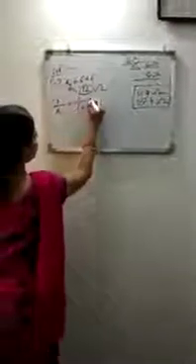So apply your parallel formula: 1 by R is equal to 1 divided by 12 plus the third resistance, which is 1 by 6. So 1 by R is equal to, LCM will be 12, 1 plus 2, that is equal to 3 by 12, which is equal to 1 by 4.